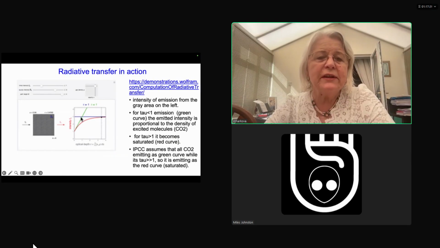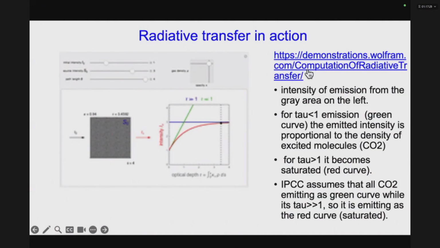Here's an example, radiative transfer in action, shown at this particular link if you're interested. If you put radiation into a particular media with optical thickness equal to 1, then the increase of emission, which comes out in red, will be linearly increasing when optical thickness is less than or equal to 1.